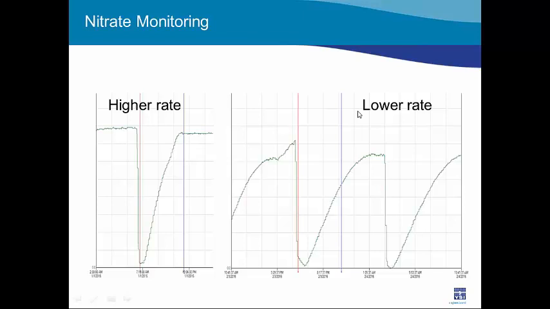On the other hand, they could experience a different situation with a lower rate. In this case, the nitrate is not increasing very fast. That may not necessarily be a cause for them to take action, but they'd want to keep an eye on it.